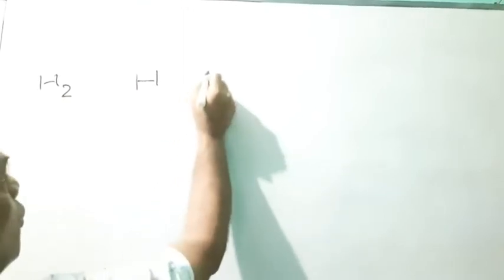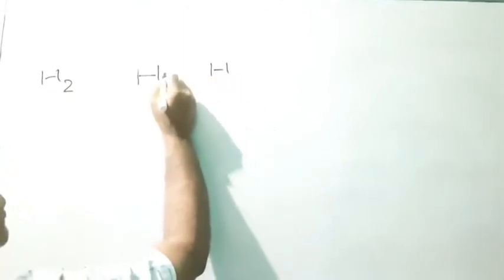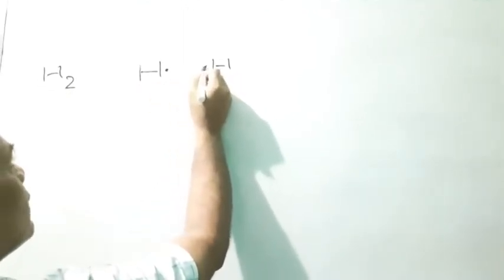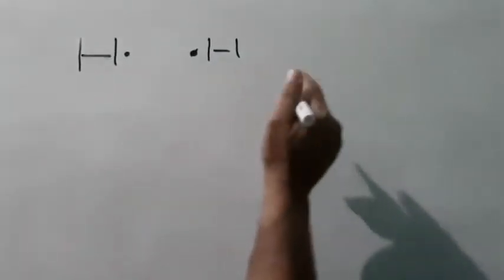So just once again, to recap: H2. Each hydrogen has one electron. The sharing takes place between the same two atoms.